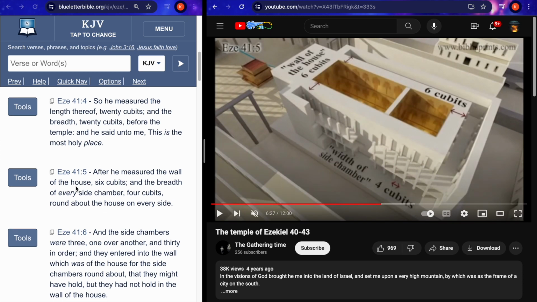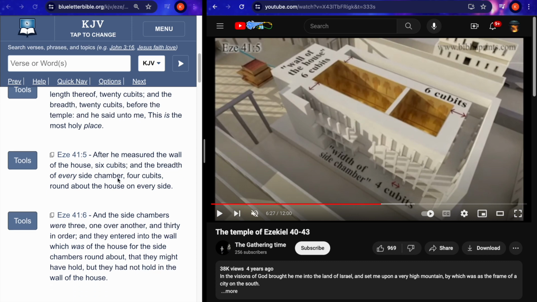Verse 5. After he measured the wall of the house, and like I mentioned before, this is the beauty of technology, right? Where you can sort of design these things, but you can make these edits to where you can get a better, clear picture or image as to when you're measuring certain parts, where is it and how does it look from within and without, right?